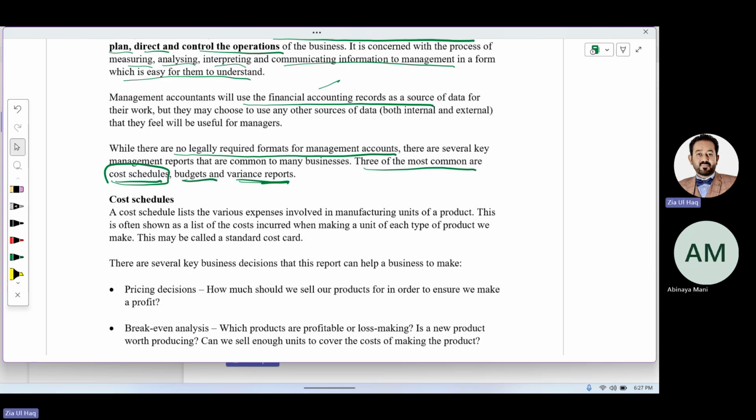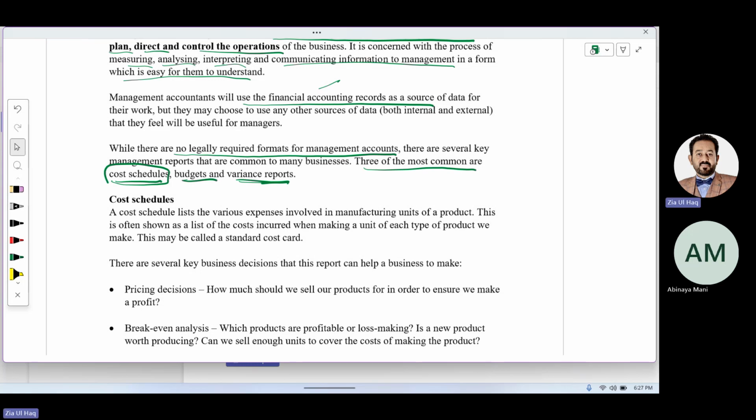According to the cost schedule, the company can decide how much price they should offer to the customer. Through it, they can check where we can reduce our cost. They will also be able to analyze whether we should produce this product ourselves or buy from another company, for example from China, which is most beneficial for the company.